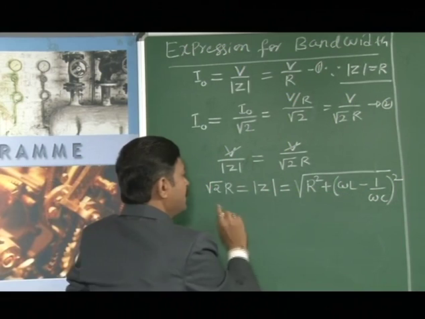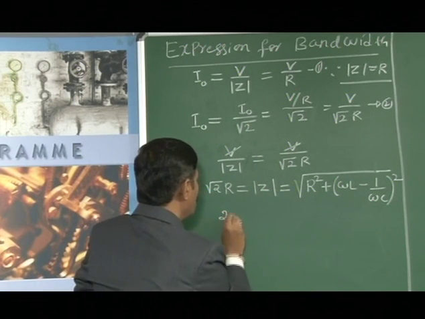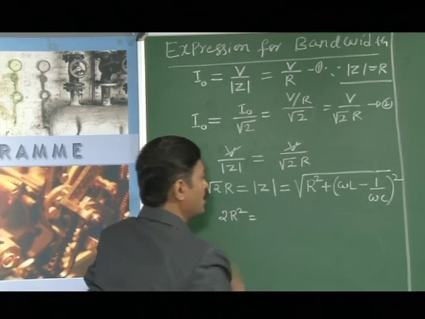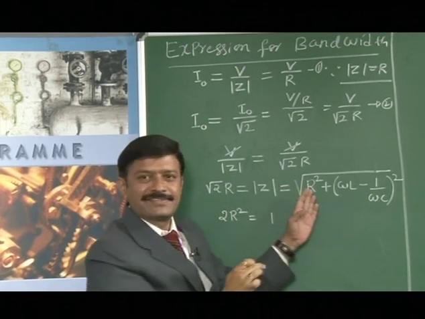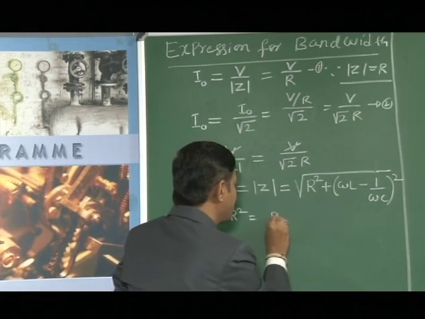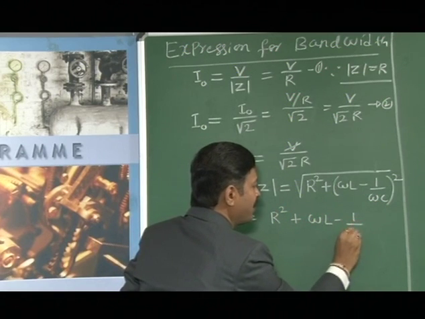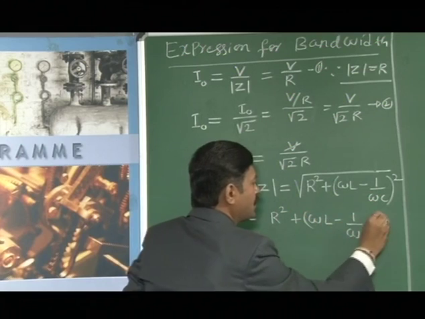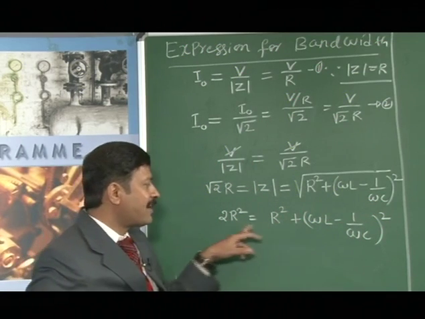Now, squaring on both sides, you will get 2R square is equal to R square plus omega L minus 1 by omega C whole square, as the root will cancel. Send this R square to this side.